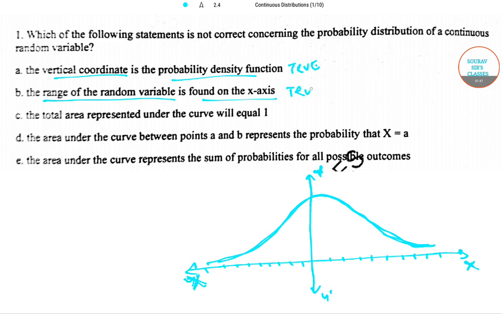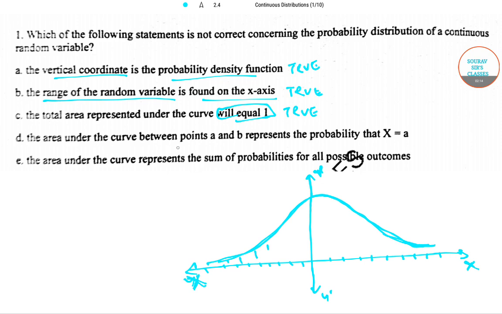This again is true. The total area under the curve will be equal to 1. Now if we sum the probability of all the events, actually some or the other has to occur. So the total probability is 1. So again, this is true.